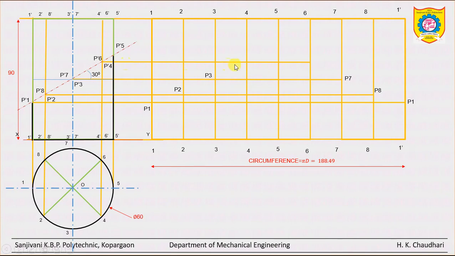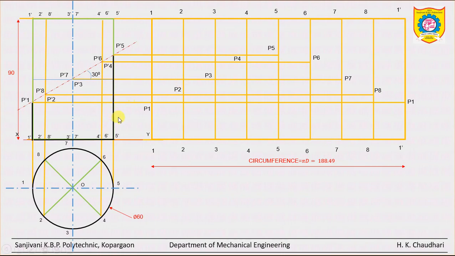From P4 obtain the P4 point, and on the 6th generator the P6 point, and finally take the projection from P5 and on the 5th generator obtain P5.